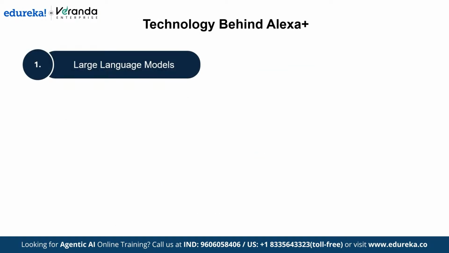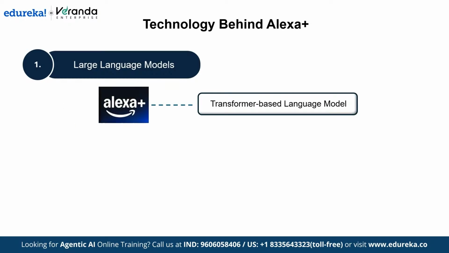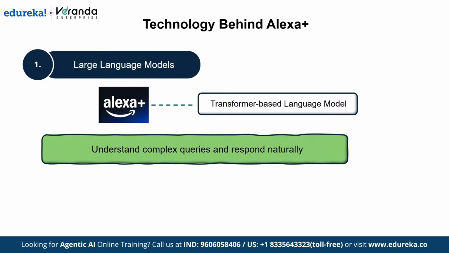Large language models, or LLMs, the brain behind conversations. At the core of Alexa Plus is an advanced transformer-based language model, similar to GPT-4, Claude, and Amazon's proprietary Titan model. These LLMs are trained on vast datasets, allowing Alexa to understand complex queries and respond naturally.